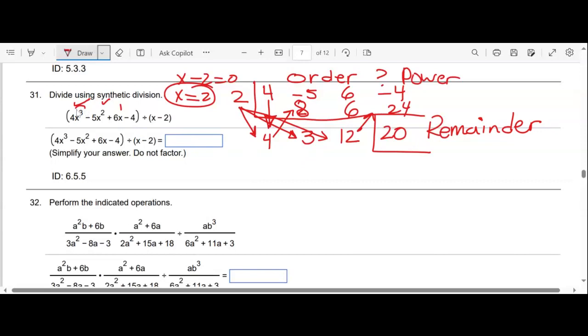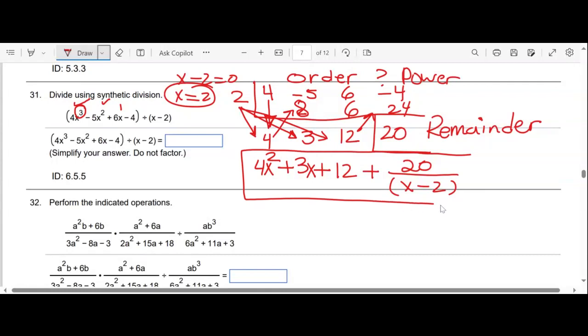Now you started with x to the power of 3, so this will be x to the power of 2. So it's 4x squared plus 3x plus 12 plus 20 over x minus 2. Is this clear?